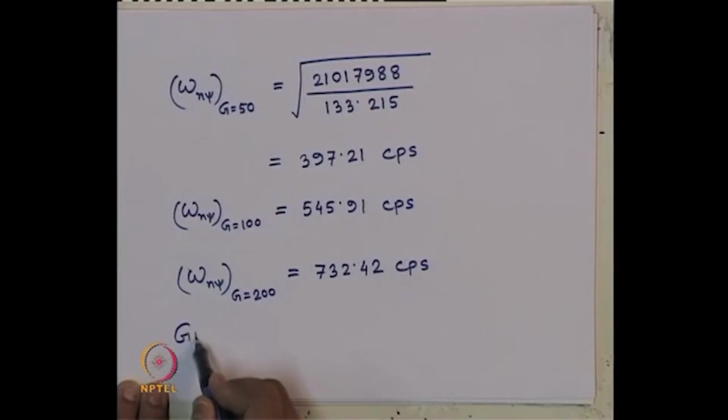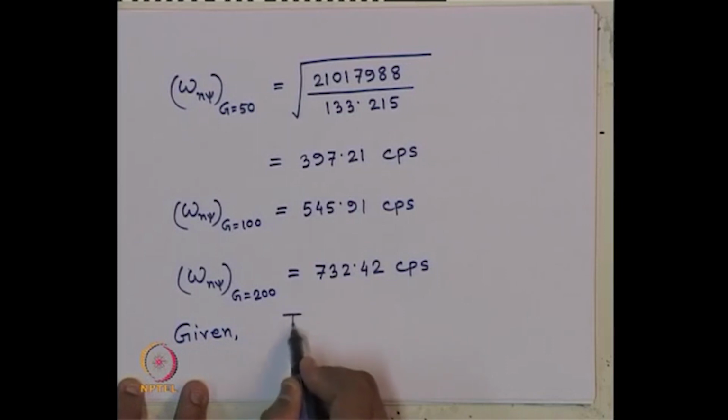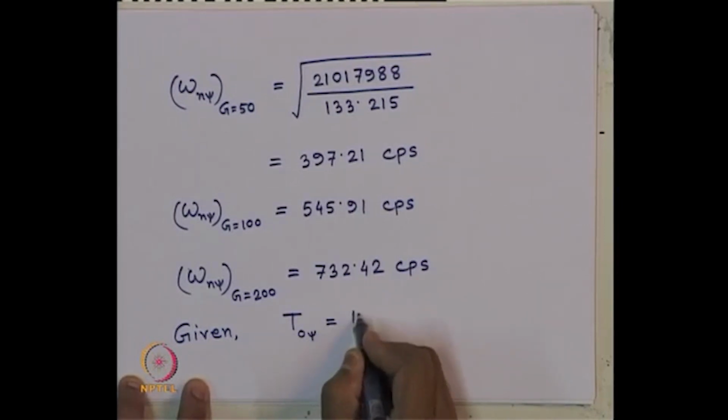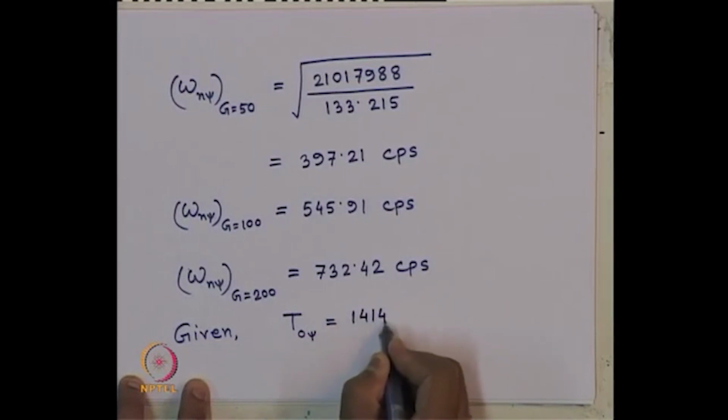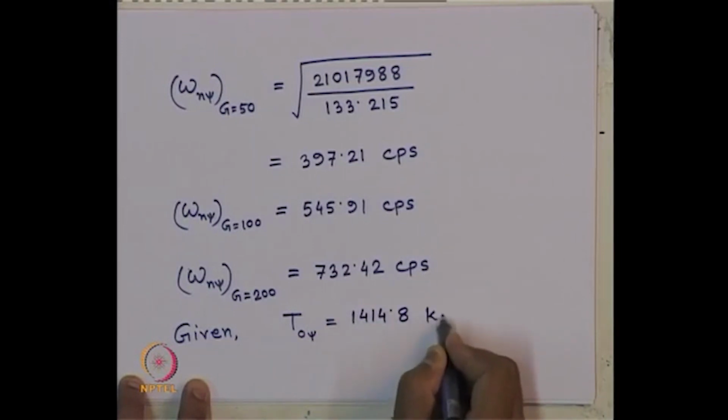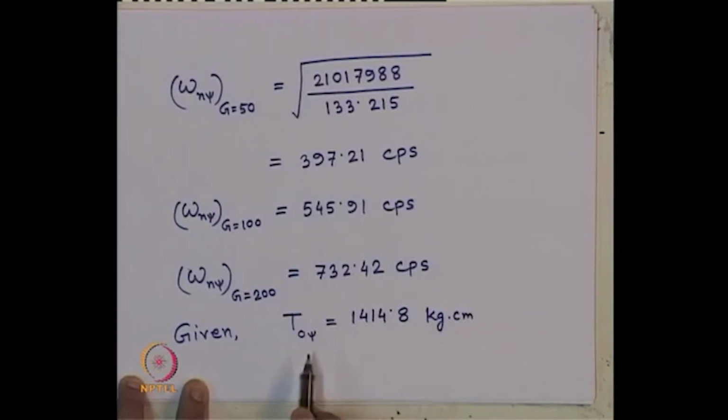And what are the values given to us? Given that T naught psi is 1414.8 kg force centimeter, of course, the amplitude of moment externally applied. And what is operating frequency?